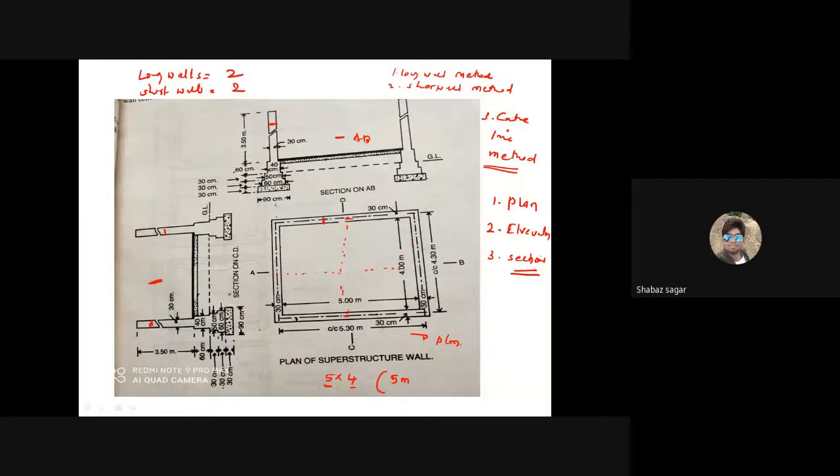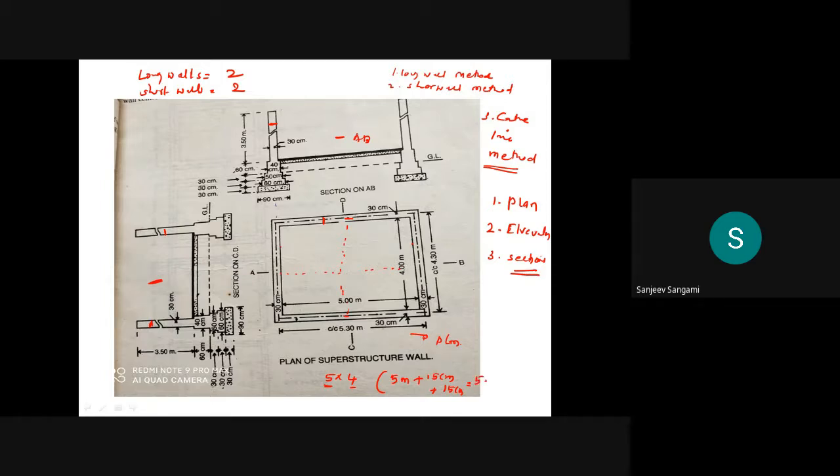So 5 meters inner to inner, plus 15 centimeters center to center on the downside, plus 15 centimeters on the upper side. So in total it will be 30 centimeters.